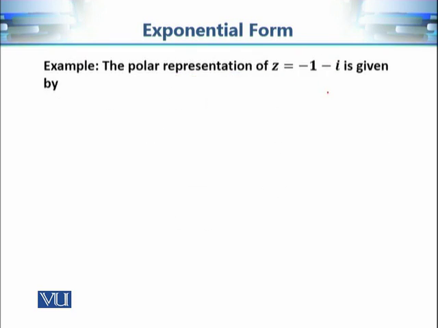Now let's consider an example. Now we are given this complex number, and this complex number lies in this third quadrant with coordinates -1, -1.